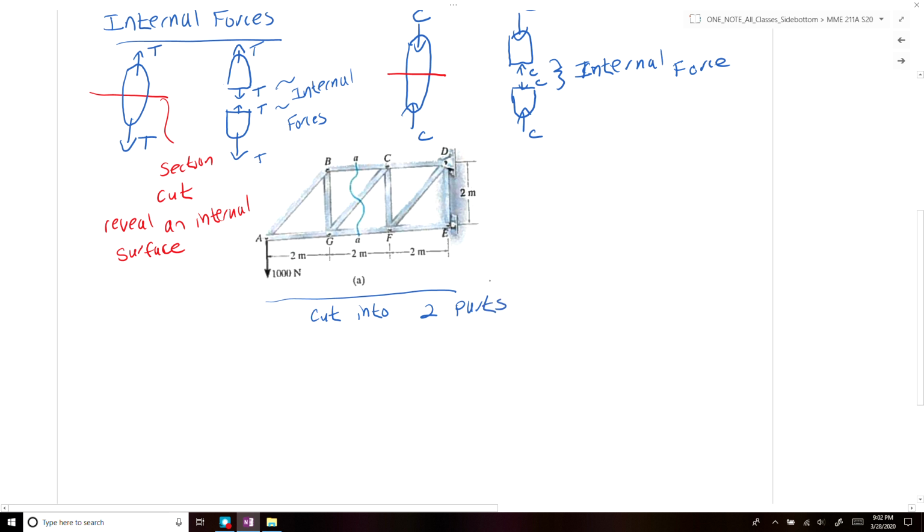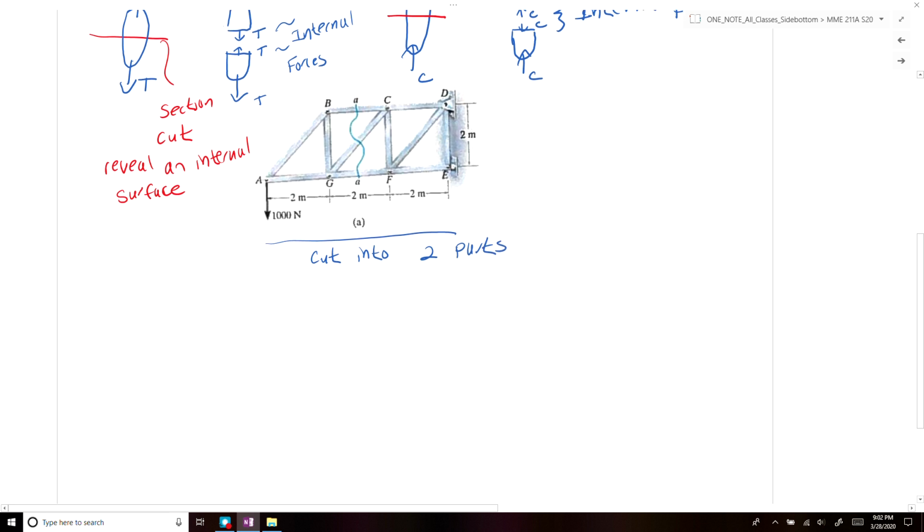We'll have our first section, which will be the left-hand side of our truss, and then a second section, which will be our right-hand side of the truss.